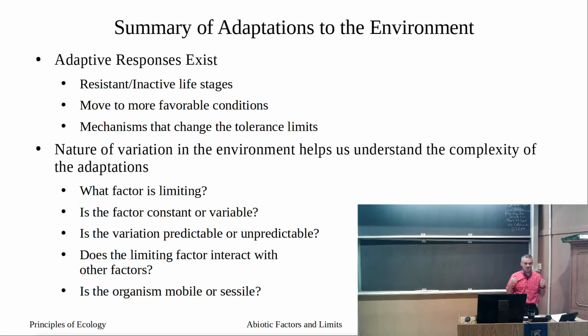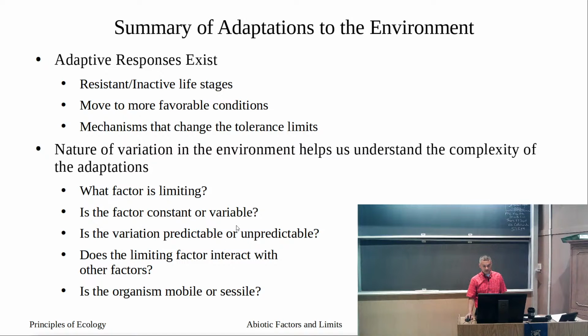So is it a constant harshness where it has to figure out how to deal with it immediately and do so for the rest of their life? Or is this a possibility where that harshness could go away? Now, if we have this variability in this limiting factor, is that variation predictable or is it unpredictable?